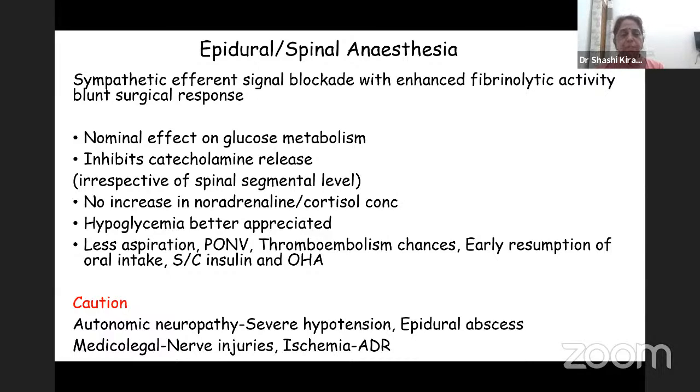A word of caution: if patients are having autonomic neuropathy, it can result in severe hypotension, and there can be risk of epidural abscess because of hyperglycemia. Moreover, there are medicolegal problems.